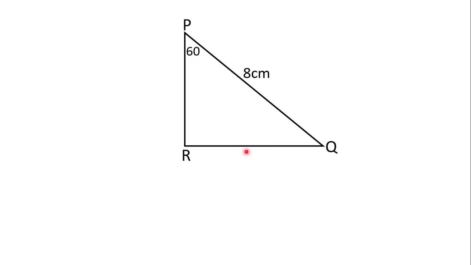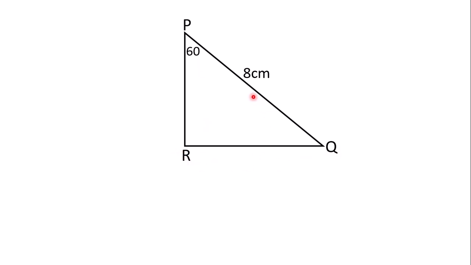So this side becomes the opposite, and this side has become the adjacent. So if you want to find this side, you have to use sine.